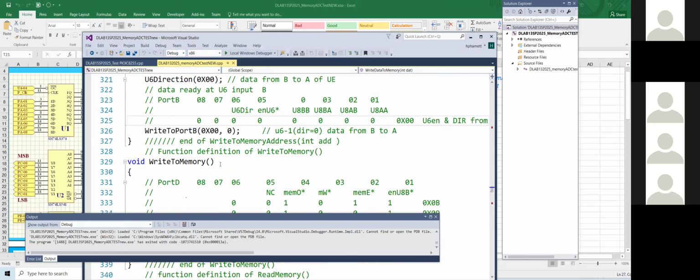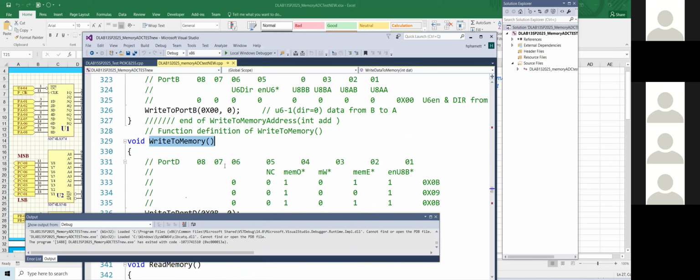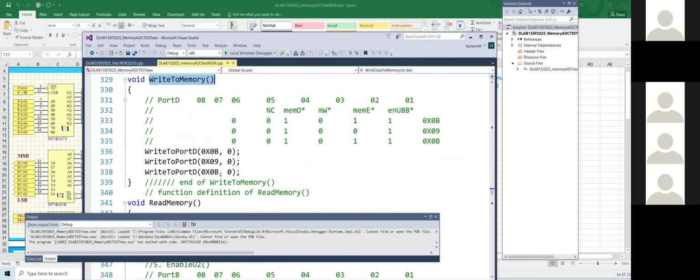And after that, you call a function telling it to write to the memory. So you can see in here, port D: memory enable pin 2, memory write pin 3, memory output pin 4.